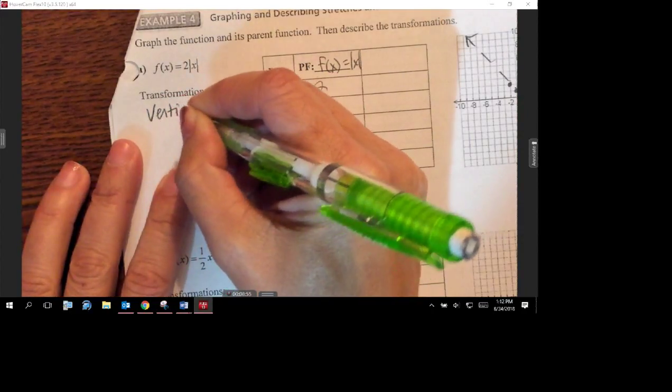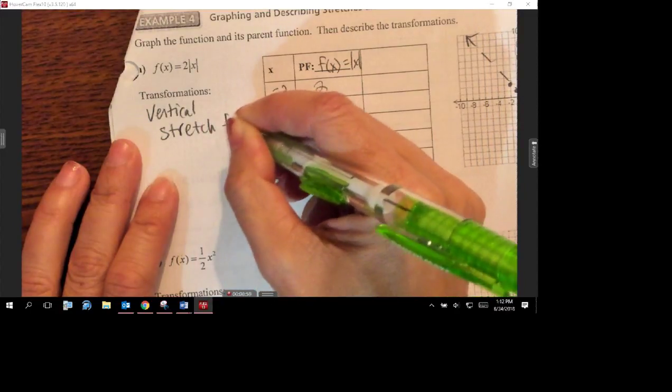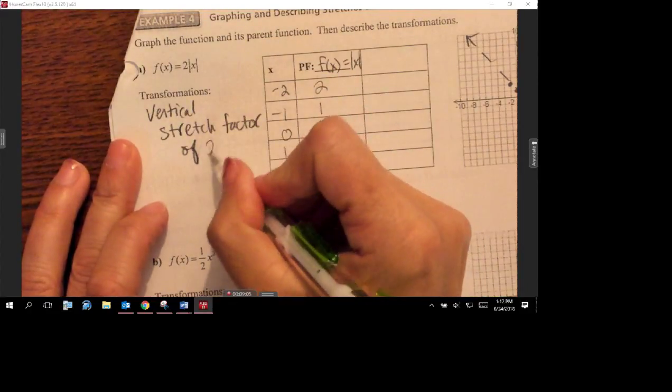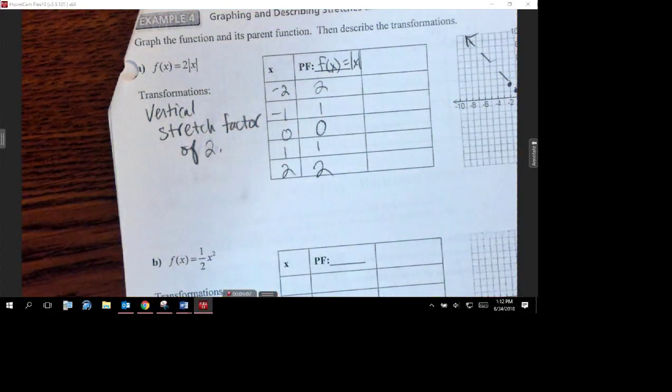It's greater than 1, so we write vertical stretch, factor of 2. Multiplying by 2.